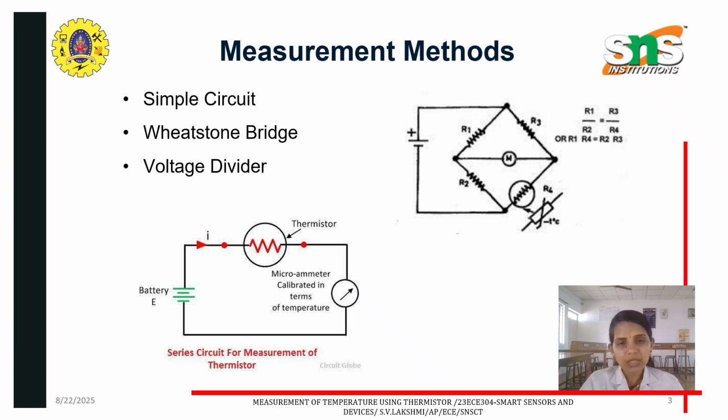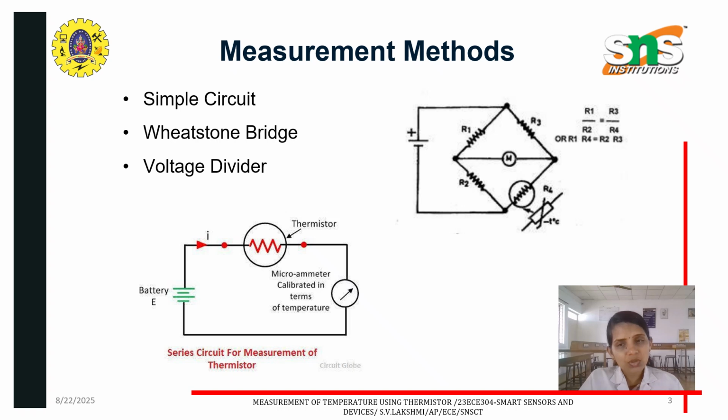So this is a simple circuit. When there is any change in the temperature, the resistance of the thermistor changes. So that is indirectly calibrated in the ammeter, where this ammeter gives the indirect measurement of the temperature. So this is a simple circuit through which we can measure a temperature with the help of thermistor.